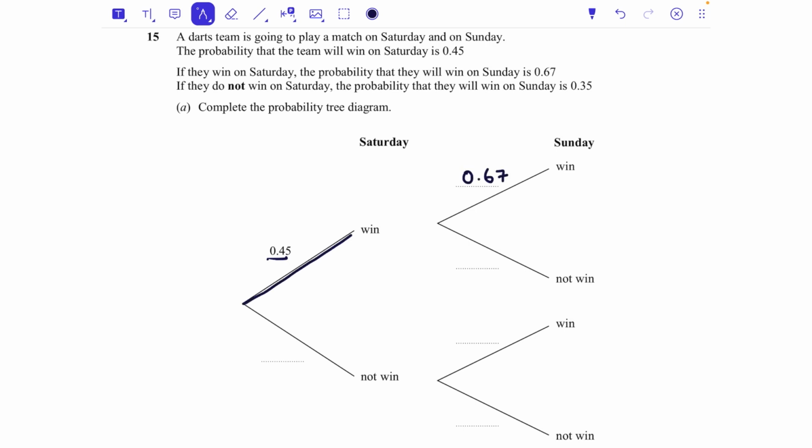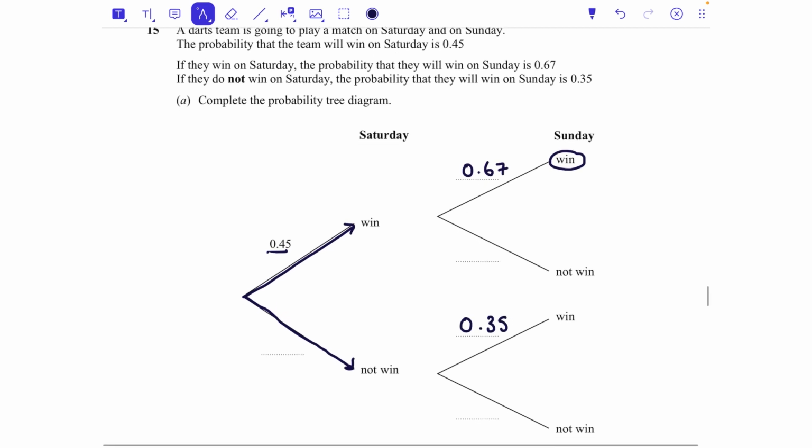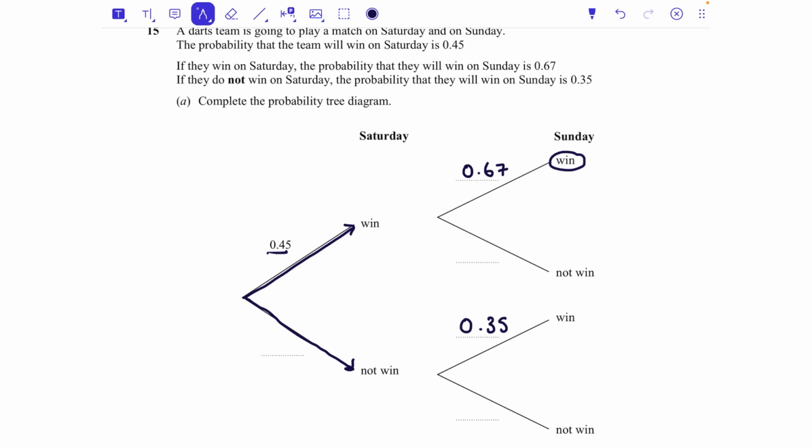So if we're coming up this pathway, then the probability of us winning is going to be 0.67. If they do not win on Saturday, so that means we're coming down this pathway, the probability that they win on Sunday is 0.35. Now, we don't have any more information, but we don't need it because we know that probability always adds to make 1.